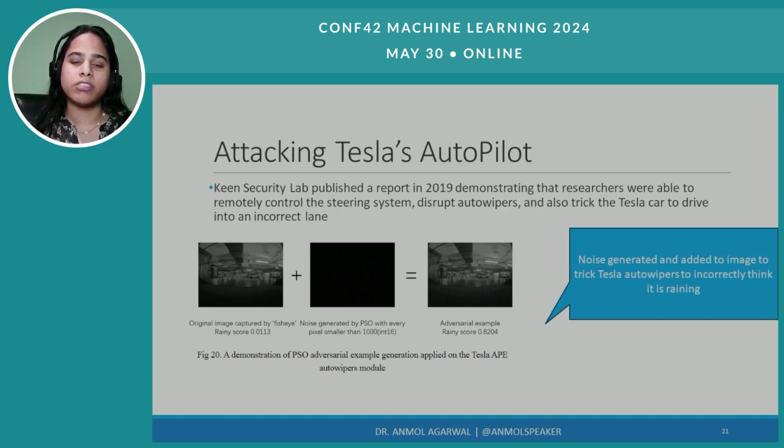So this adversarial example tricks the autopilot into thinking it's raining when it's actually not. And when you add this noise to the image, the windshield wipers will start on the car because it thinks it's raining, even though it's a perfectly clear day. So that's one example of an evasion attack.